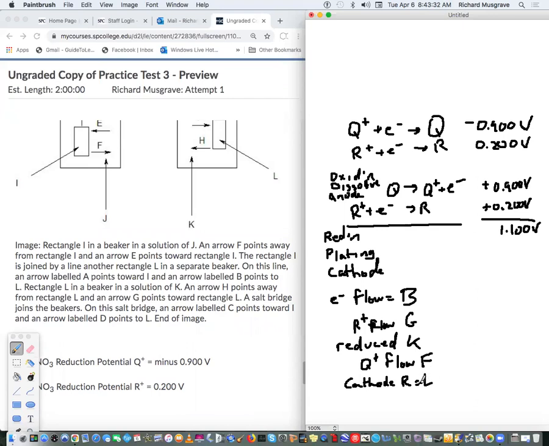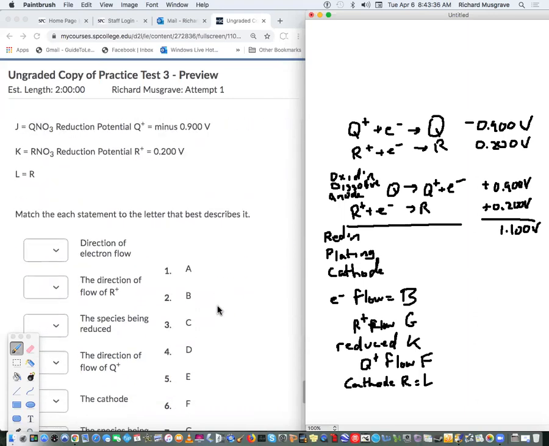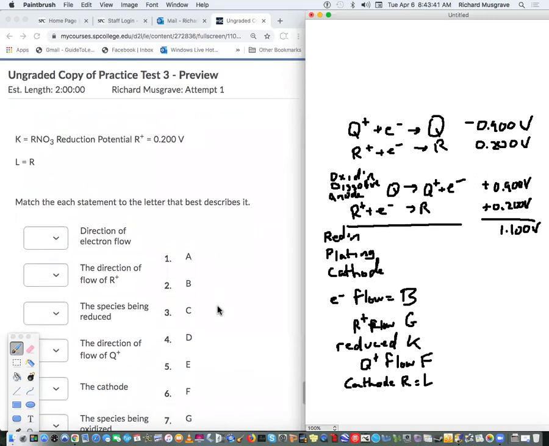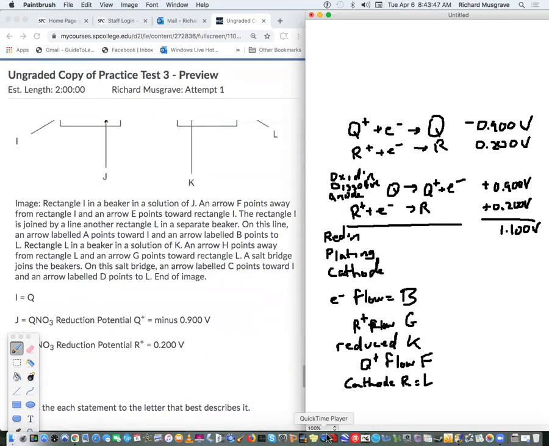All right, does anybody have any questions? Okay, species being oxidized. The species being oxidized is going to be the Q. Q is turning into Q plus. So Q is I. All right, does anybody have any questions?